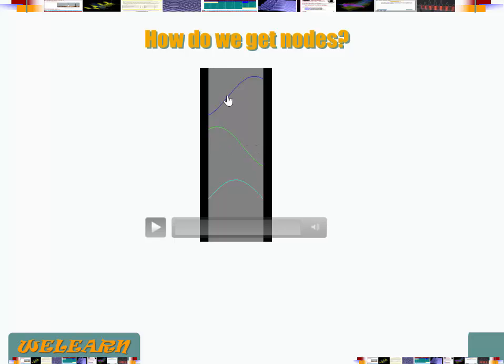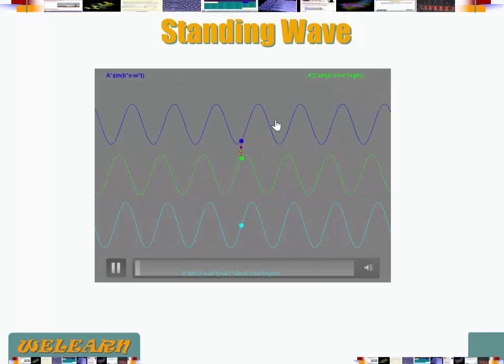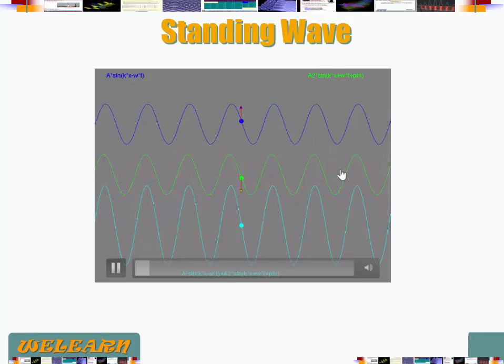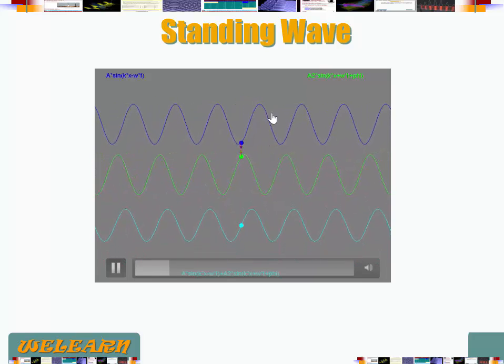So the reflected wave is out of phase relative to the incident wave. And that's very much equivalent to what we get here when we have the blue wave and the green wave out of phase relative to each other.